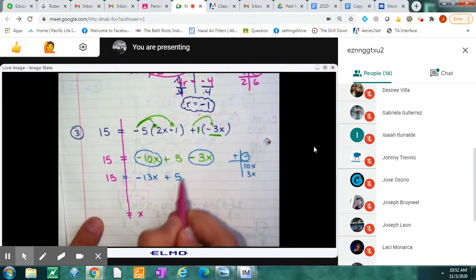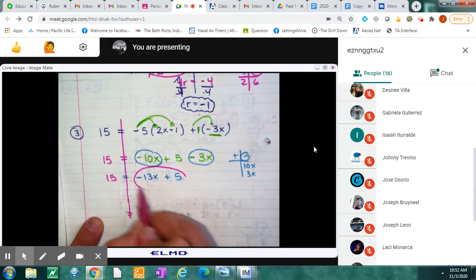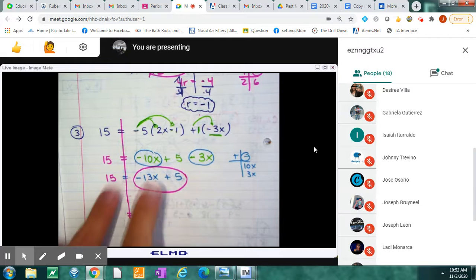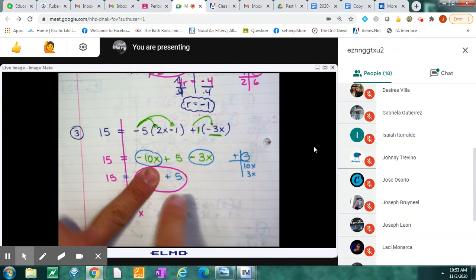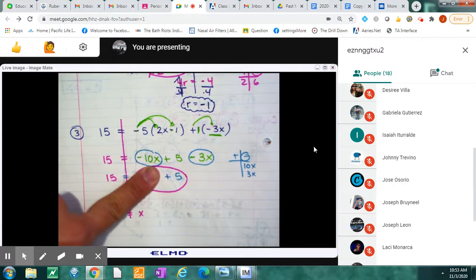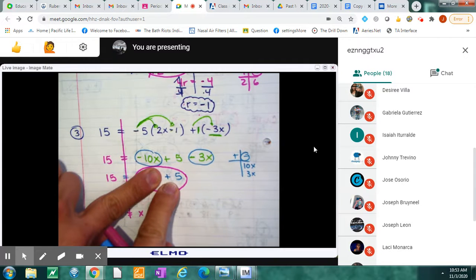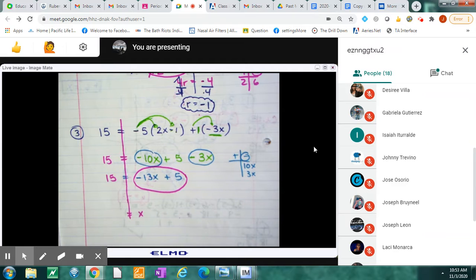So now, what do we do? What do we get rid of? So, like I said, in high school, I would always cover this term because that would help me. I mean, if you want to do that, that's cool. Let's get rid of this, the plus 5. How do you get rid of it? Minus 5, right? The opposite, because you want it to be 0.